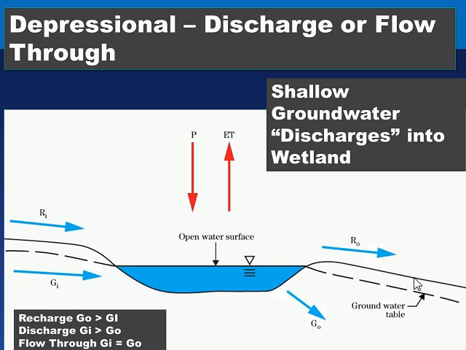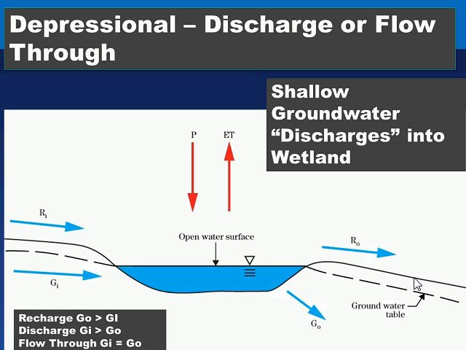A discharge wetland is one where groundwater is discharging into the wetland. And so that's the primary distinction. And in technical terms, if the groundwater outflow is greater than the groundwater inflow, it's a recharge wetland. And the reverse is true for a discharge wetland.